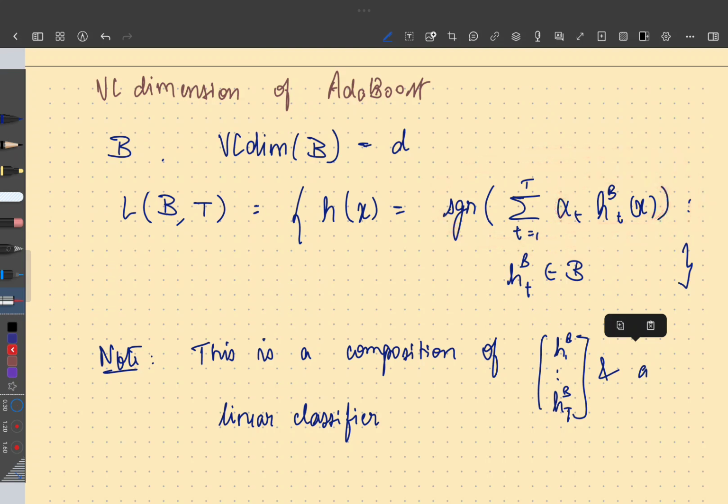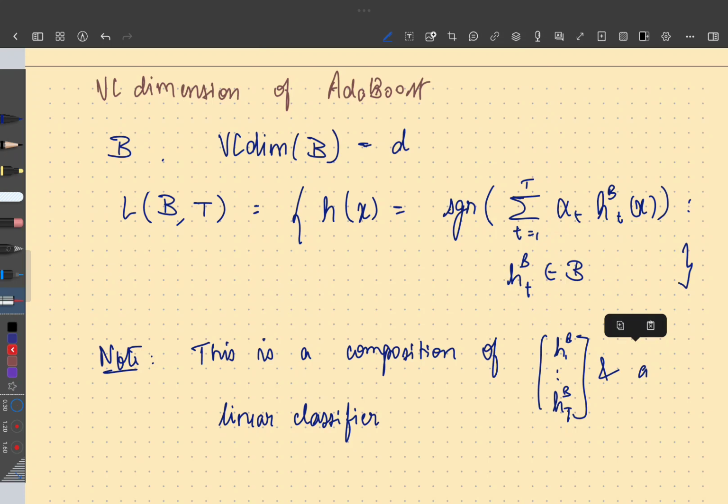To get an upper bound on the VC dimension, I'll take a set that is shattered by this hypothesis class L of b comma t. So if I take any set that is shattered by L of b comma t, then by varying h1 through ht and alpha 1 through alpha t, I should be able to generate all possible 2 to the power m distinct labelings of these m points, right?